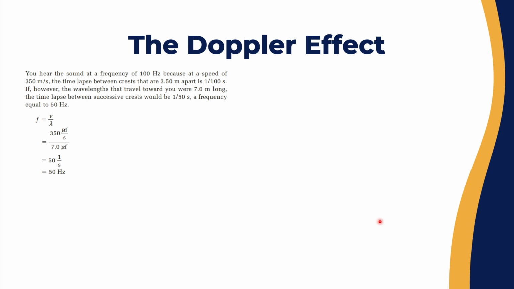If the wavelength that traveled toward you were 7 meters long, the time lapse between successive positive humps of the wave would be 1/50 of a second, and the frequency would equal 50 Hertz. That is coming from the universal wave law, which means frequency equals V over lambda. V is 350 over 7, that will give you 50 Hertz.